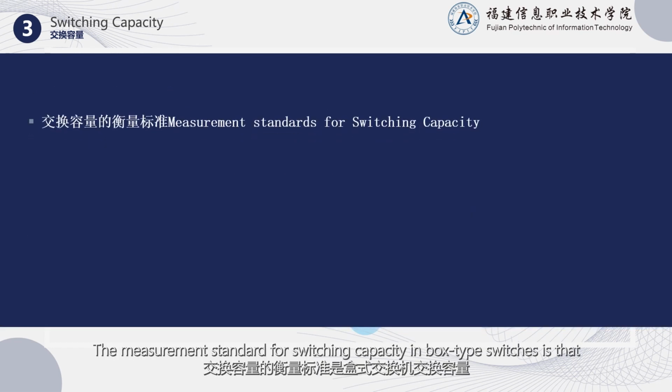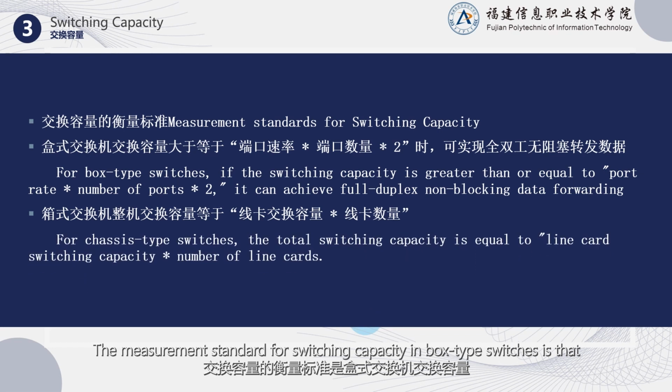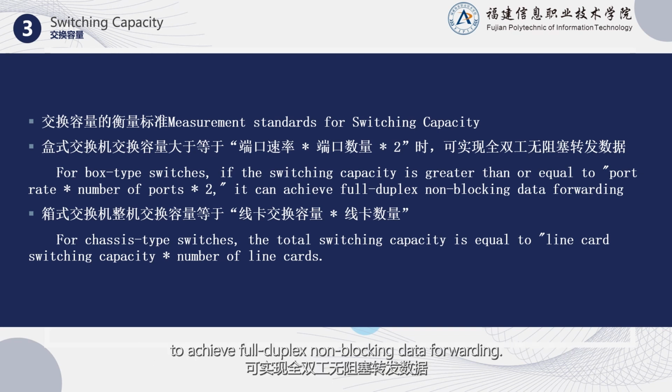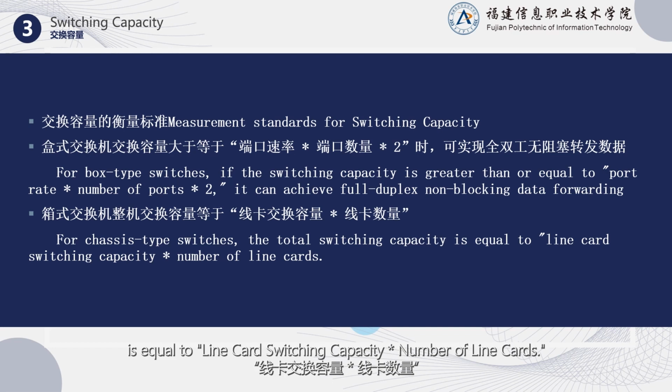The measurement standard for switching capacity in box-type switches is that the switching capacity should be greater than or equal to port rate * number of ports * 2, to achieve full duplex, non-blocking data forwarding. For chassis-type switches, the overall switching capacity is equal to line card switching capacity * number of line cards.